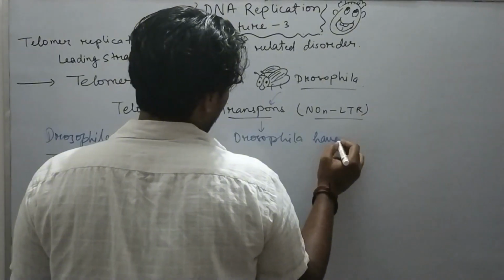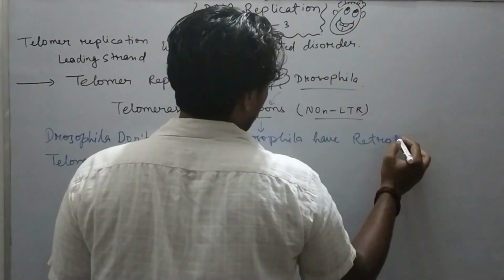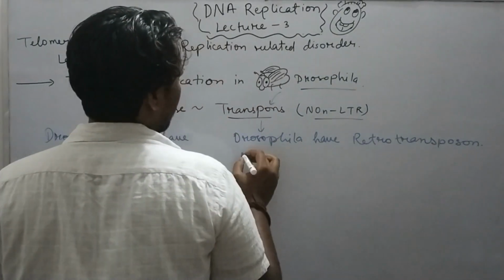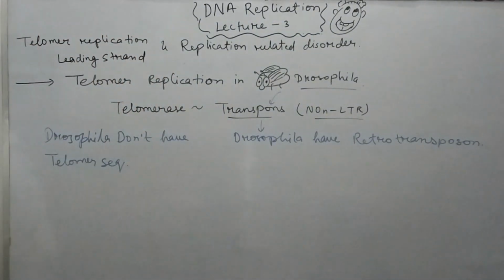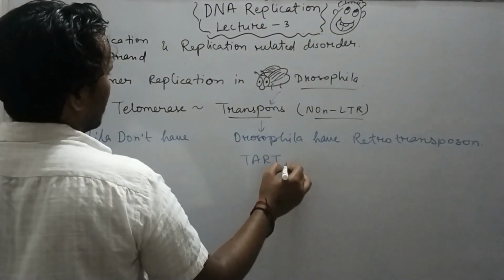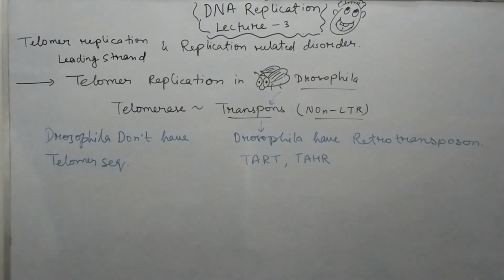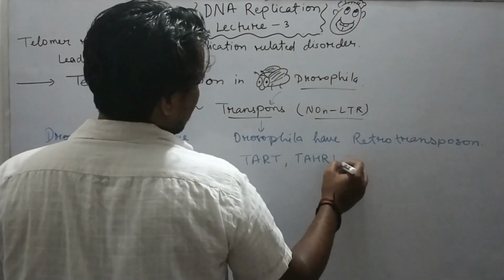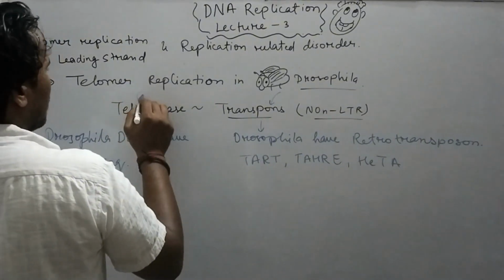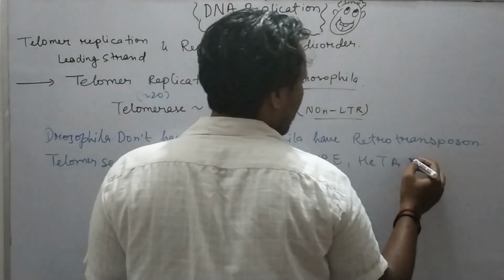Drosophila has retrotransposon. Usually telomere will repeat almost 20 times, but this retrotransposon is longer in length.